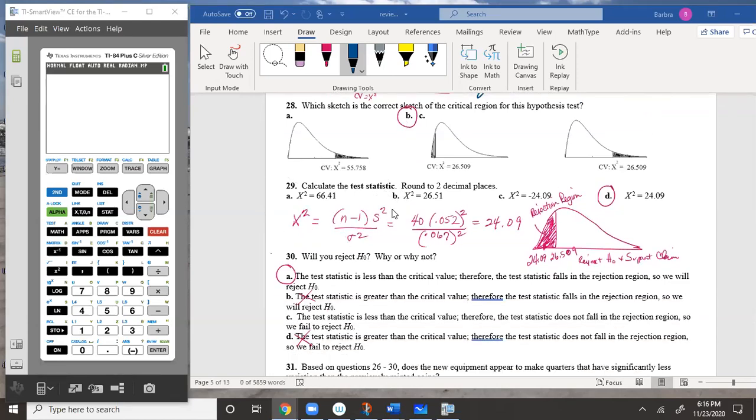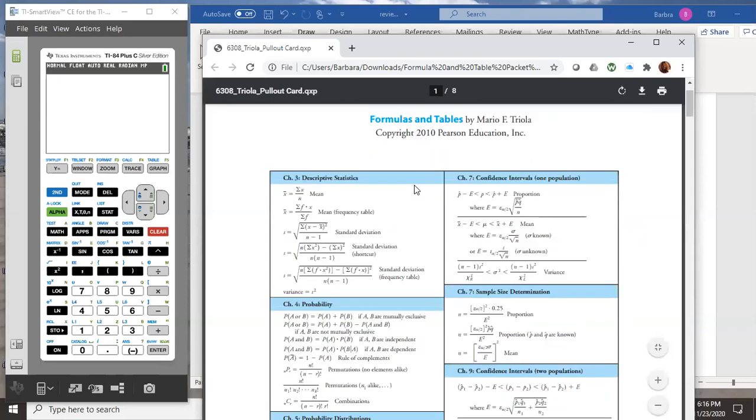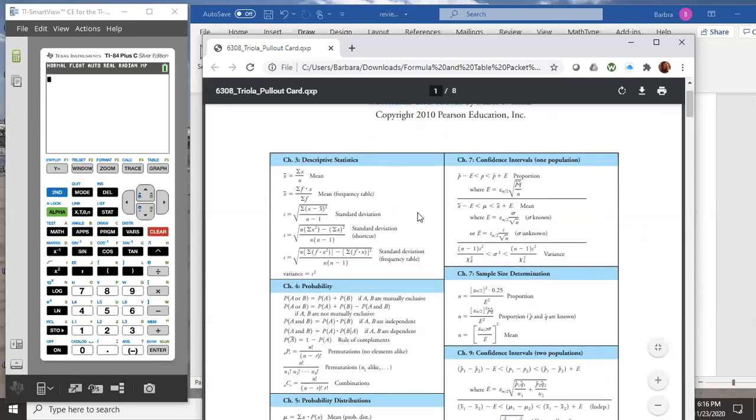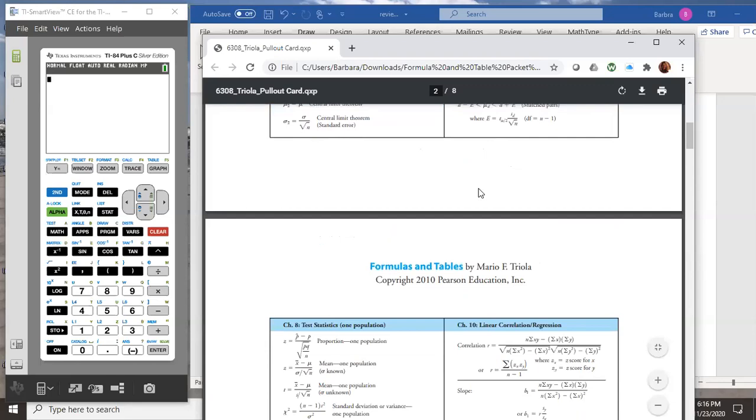Now here, we do not have a program for sigma, for standard deviation. We only have programs for proportion and mean, but when we're talking about a standard deviation, we have to use this formula. And this comes directly from the packet to find the test statistic. We're at the top of the packet here, and we're going to go to the second page.